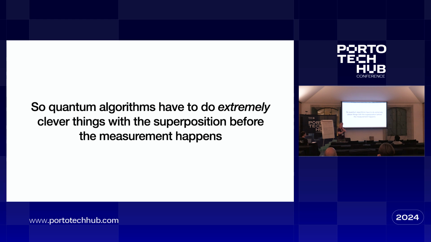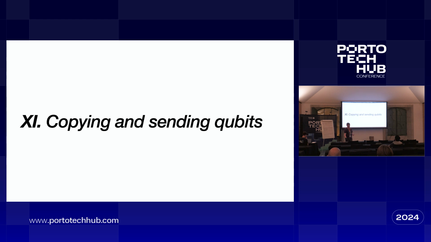Which means that quantum algorithms have to do incredibly clever and subtle things with these superpositions before we do the measurement and get the answer out. And it has been shown that in certain cases we can do such clever things. Famously, you can use it to factorize large numbers more efficiently than classical computing. But factorizing large numbers has limited practical applications.